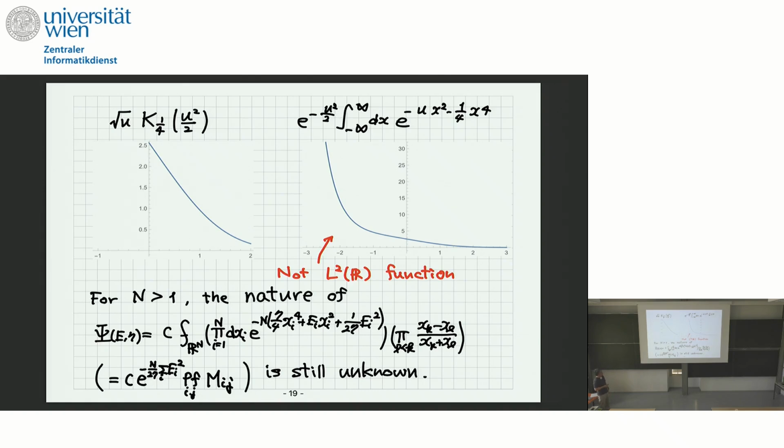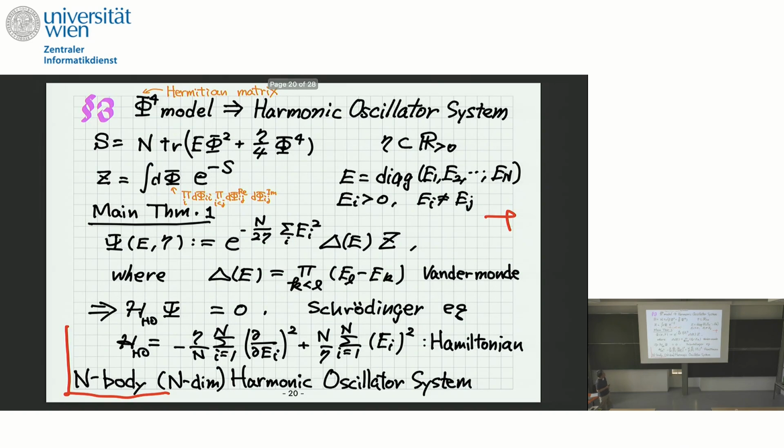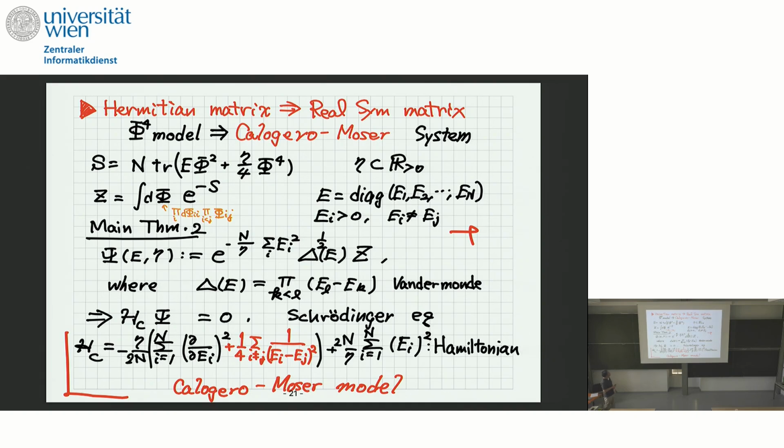Anyway, so far I explained how to derive the harmonic oscillator system from the matrix model. So it is natural to wonder what happens if we replace the Hermitian matrix with a real symmetric matrix. This is the result.